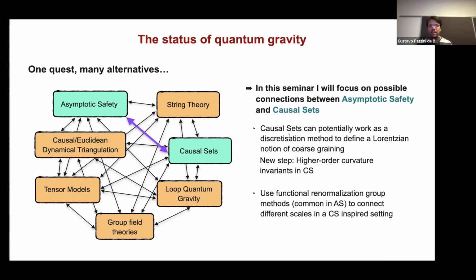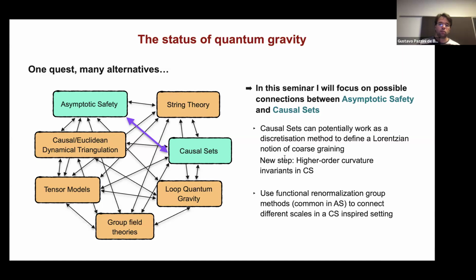And there are two ways that we are going to do this connection. The first one is exploring the idea that a causal set can potentially work as a kind of discretization method to define a notion of Lorentzian coarse graining in asymptotic safety. And the new step that we are doing here and that I will present in this talk is the construction of high-order curvature invariants in the context of causal sets.